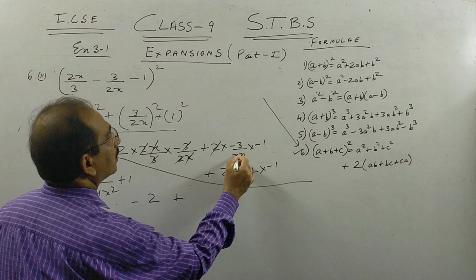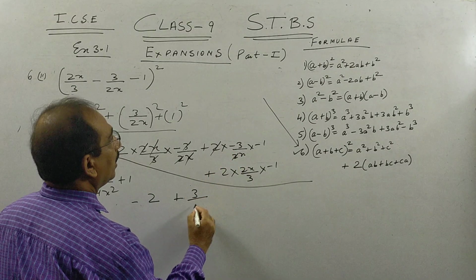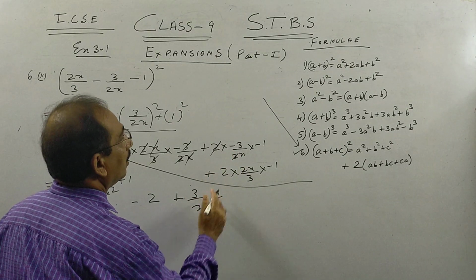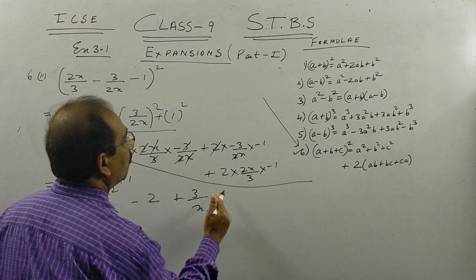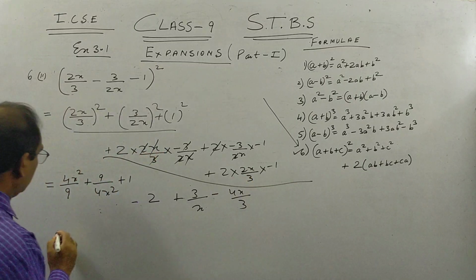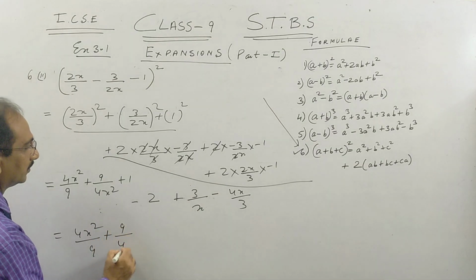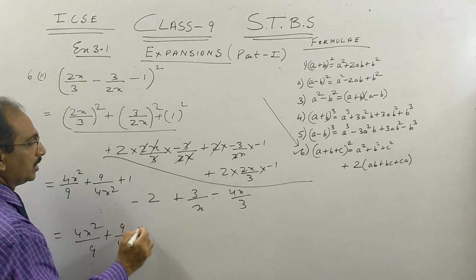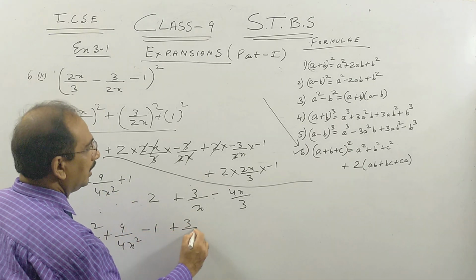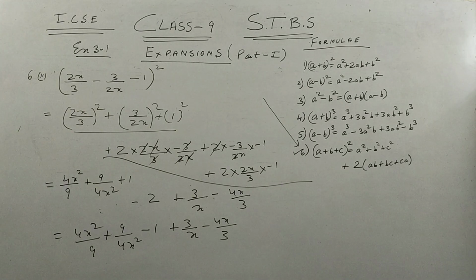Here this will cancel, so we will get 3 by x, plus minus minus, so it will become minus 4x by 3. So let us see what we get. This minus 2 plus 1 will give you minus 3x minus 4x by 3.